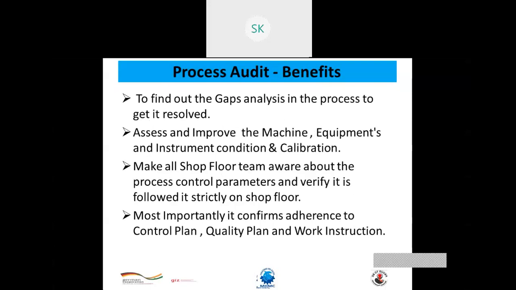So I have to follow and adhere to my process. I have to see that everything related to my activity works as per the control plan or work instruction. So some additional pressure will be there so that people will follow all the process control parameters.